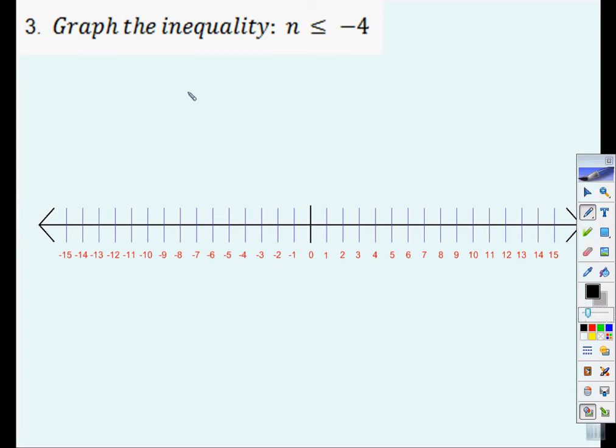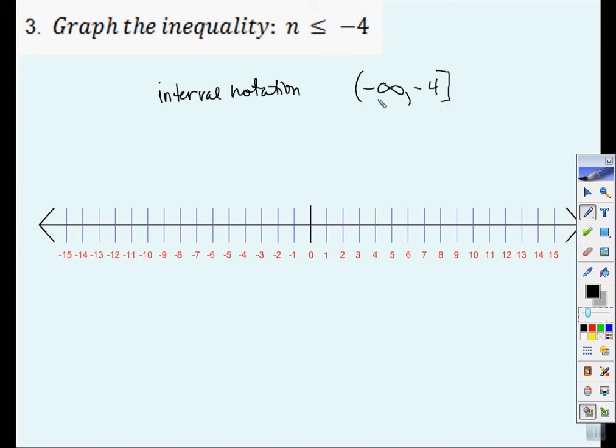If we look at the interval notation for this, the solution is everything that is less than or equal to negative 4. So the upper bound is negative 4. I would go from negative infinity up to negative 4, and I would include negative 4 in my solution.